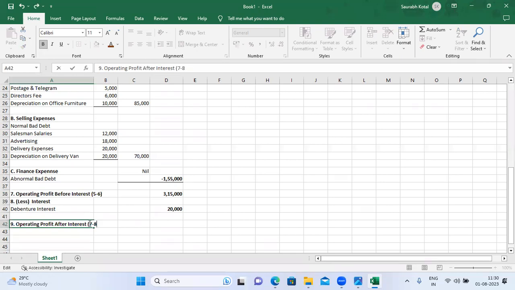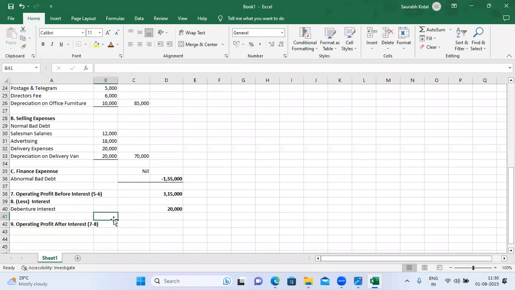What is 7 minus 8? Here 7 is operating income, operating profit before interest, minus interest. We will get operating profit after interest. That is what it is.